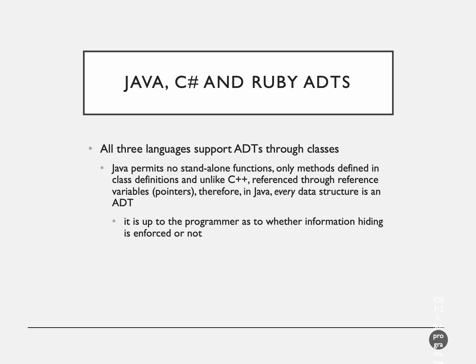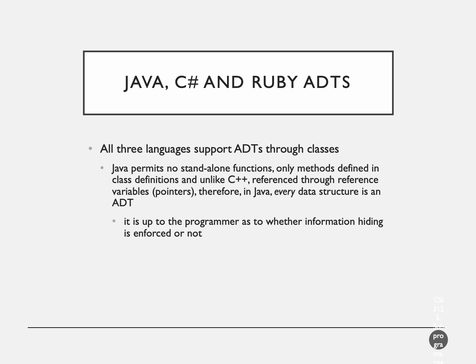And since variables are handled via reference types, every data structure in Java is essentially treated as an ADT. However, unlike C++, Java doesn't force strict encapsulation. It's the responsibility of the programmer to use access modifiers like private, protected, or public to enforce information hiding.